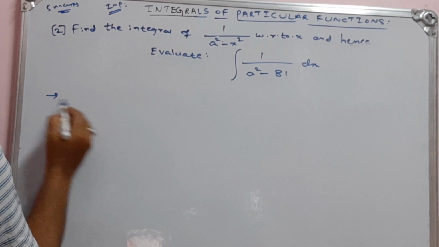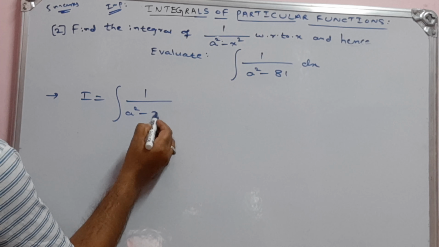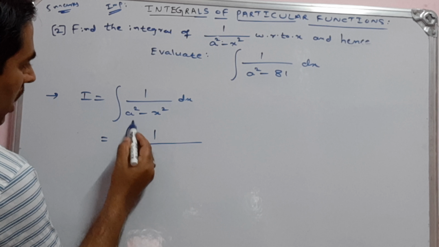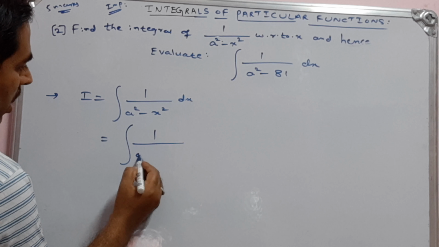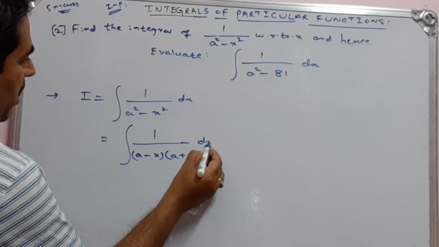So the procedure is the same. Let us equate it to the integral of 1 by a square minus x square. Make use of the same formula, a square minus b square is a minus b into a plus b, with respect to x.